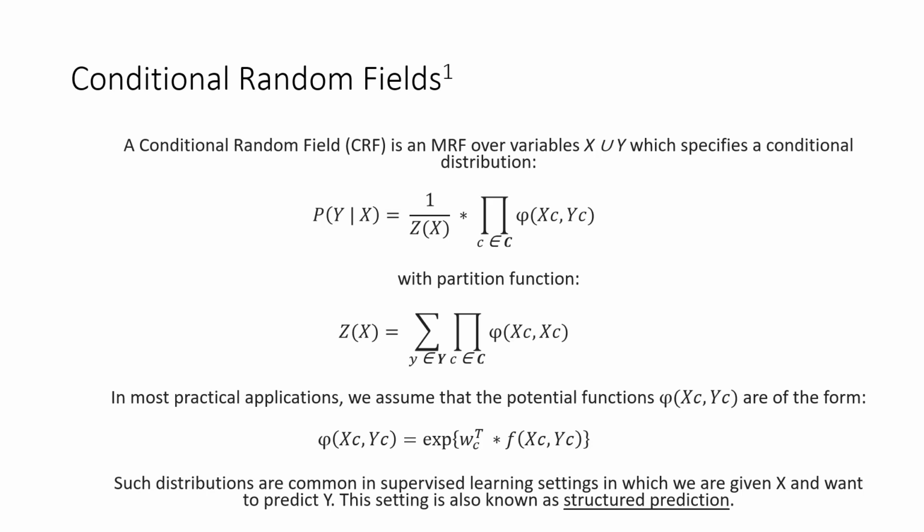So that's the one difference. MRF is usually a joint probability distribution. CRF is always a conditional. Okay, and the other not difference, but special case, is what kinds of potential functions are used in practice, which is basically exponents of a linear function. So they're log linear models. Okay, those are the two differences.